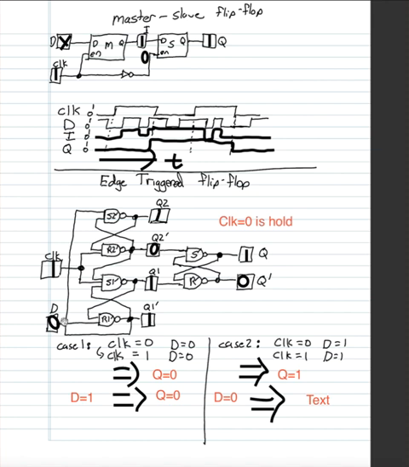So as D flips, it'll flip this, but it won't change any of these values, which means it doesn't change these two values, which means it doesn't change the input to this SR flip-flop, which means it doesn't change the outputs, which means Q is still equal to 1. And the value of D is irrelevant at that point.